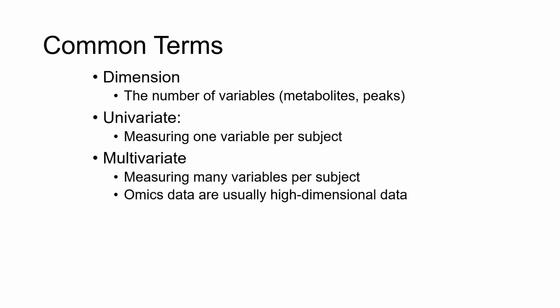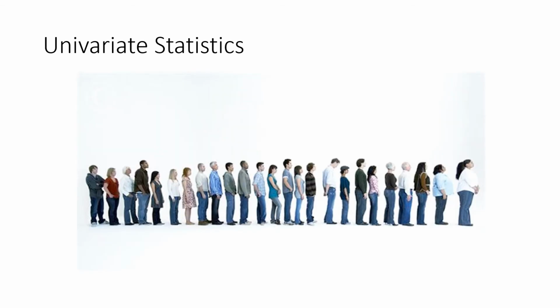Now, let's start off with the simplest data set and the simplest approach to statistics, and that's univariate statistics. For this example, we'll take a population of individuals, and perhaps we'll just focus on height. There's a collection of about 25 people here, all shown in profile, and we can see some are tall, some are short.